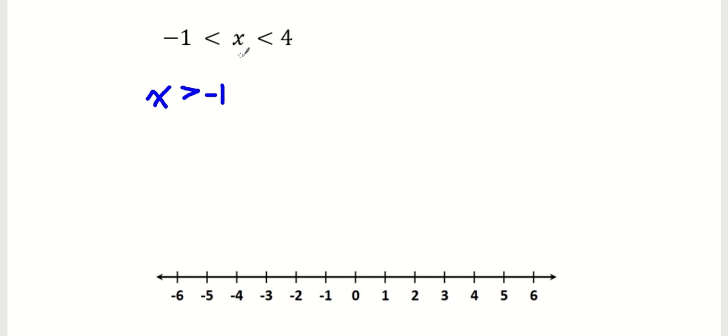And the other inequality is right here: x is also less than 4. Again, the word that connects these is and, when it's a double less than, x less than whatever. And this basically means that we're graphing everything in between -1 and 4. So all of those numbers.